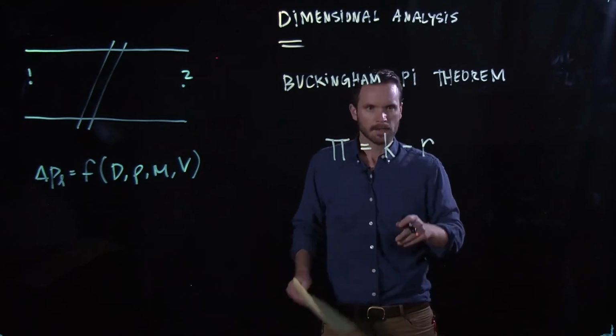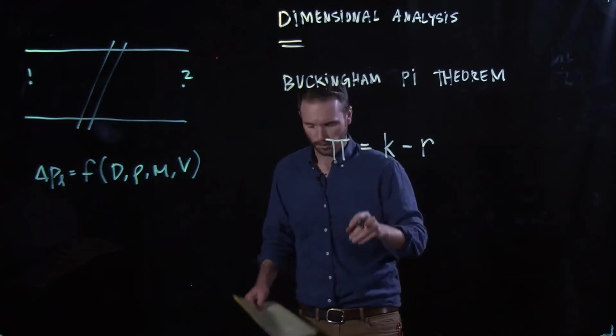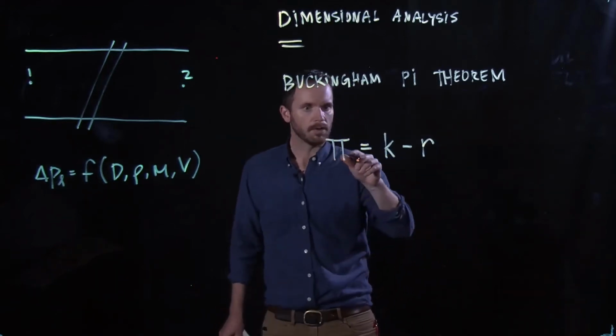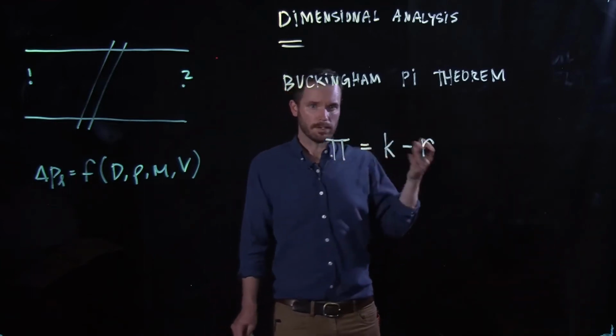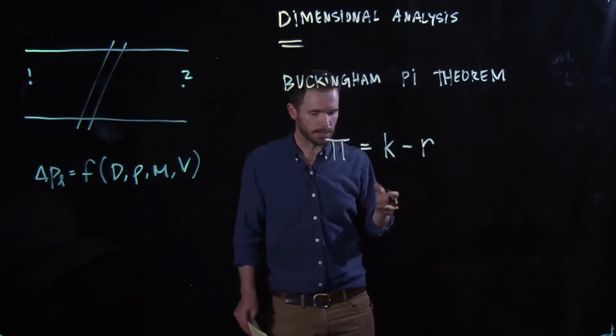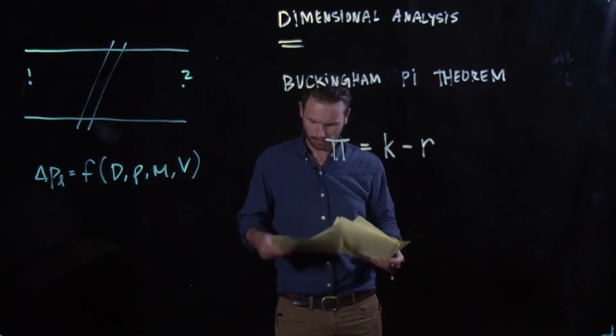Now, there are many different ways that you can go about saying, okay, once I determine the number of pi terms, what are the pi terms that I need? For example, we had the pressure drop per unit length. Let me write that relationship down.